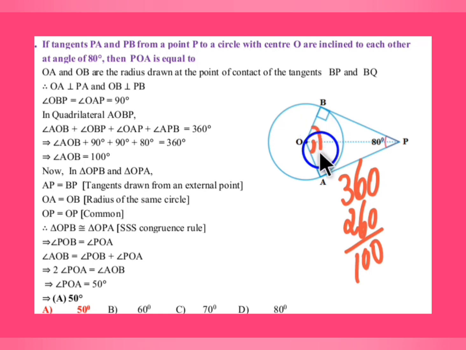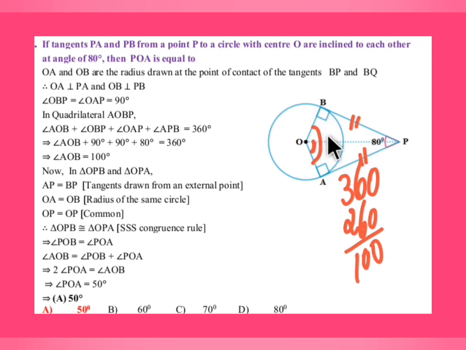The entire angle BOA will be 100 degree, and this you can observe here. OP is a common line for both the triangles OBP and OAP. They form two triangles, and the sides are equal for both the triangles. OP is a common line, and BP will be equal to AP because tangents are drawn from the same point to the circle, and OB and OA are radius of the same circle.